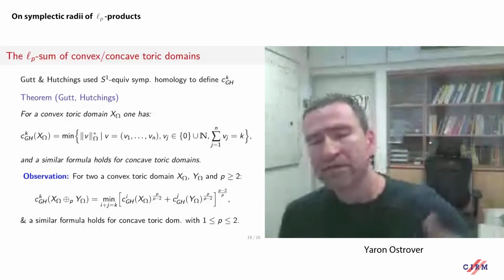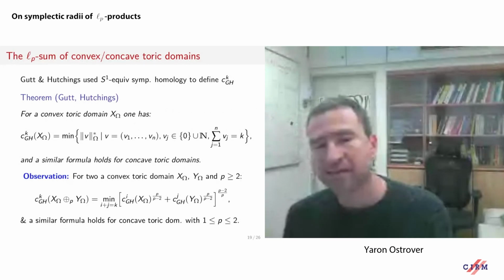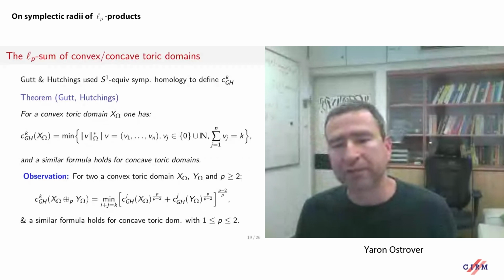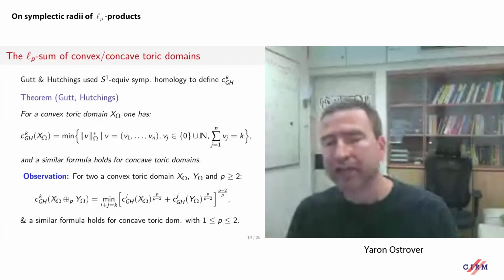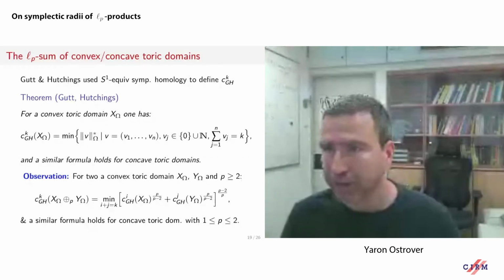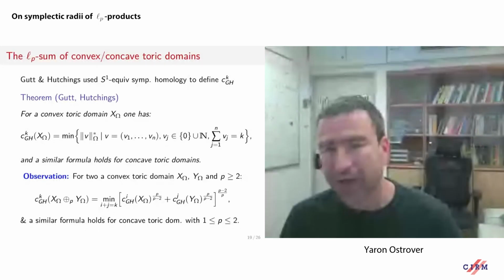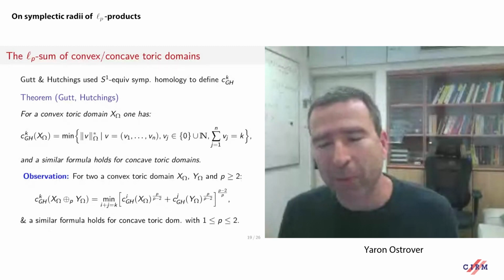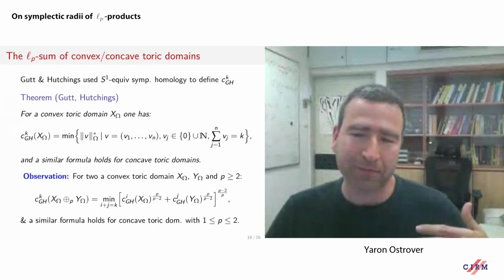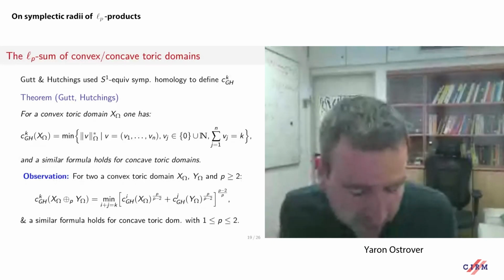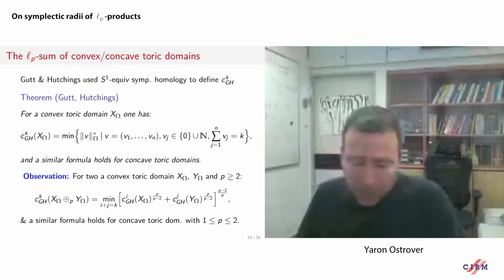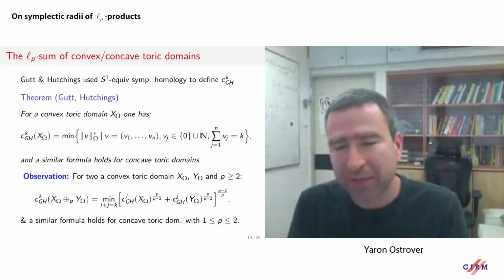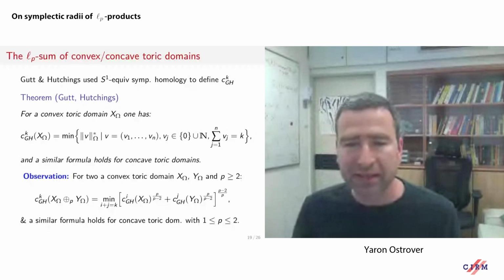And here we can also generalize the behavior of this product to the case of the p-sum of two toric domains. But for some technical reasons, we believe that the formula should hold in a more general toric picture, maybe without such restrictions of convexity.